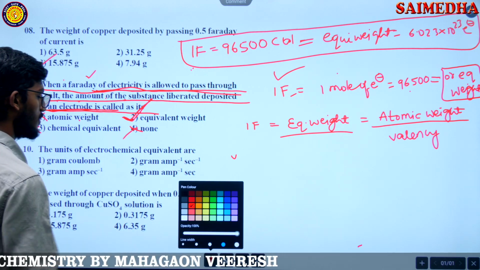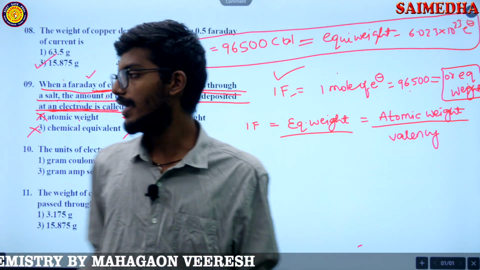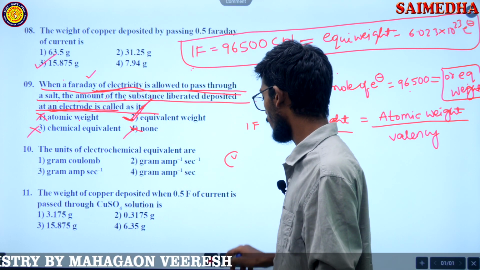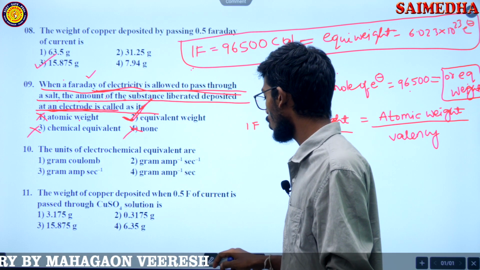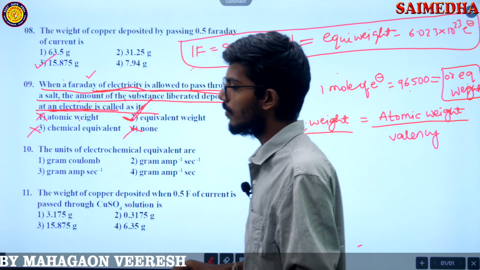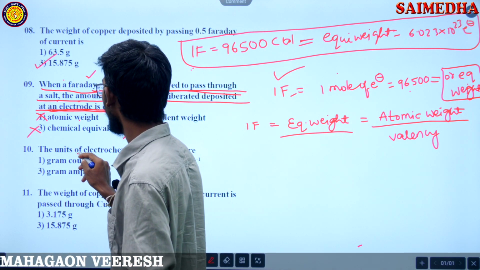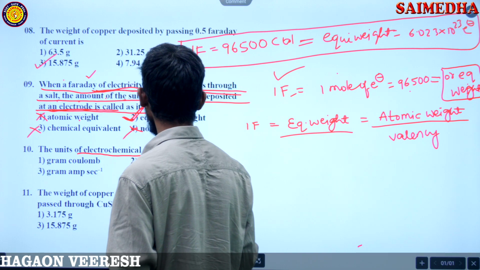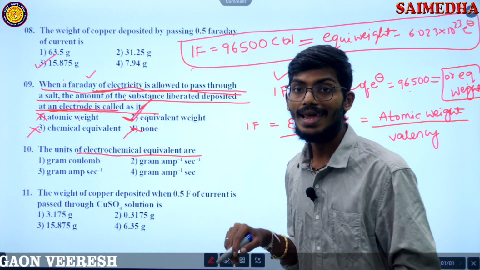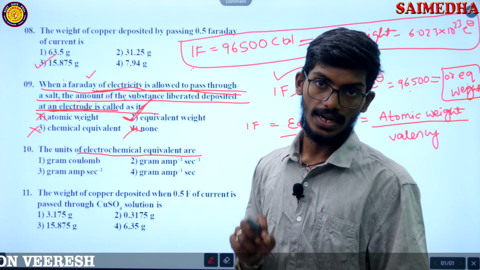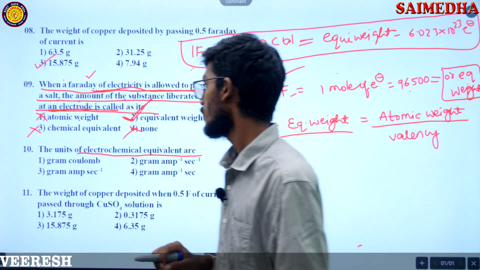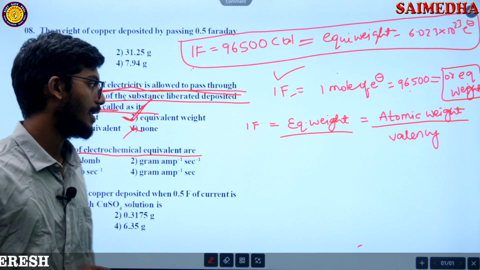Now we'll see the next question. So what is it saying here? The units of chemical, electrochemical equivalent are. Units of electrochemical equivalent are very, very important. Okay, so see, units of electrochemical equivalent.